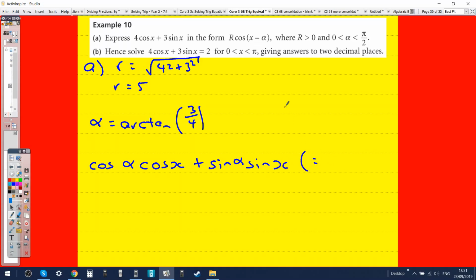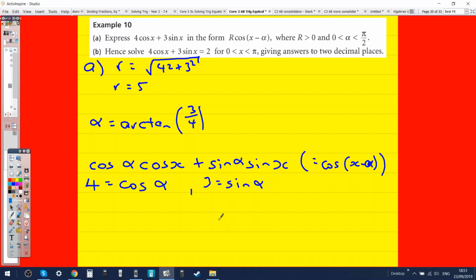Yes, that's the cos x minus a. So what matches with what? The cos x is the cos x and cos alpha is 4. So 4 is cos alpha. Oh yeah, and then that will go on the bottom. Okay. I think I'll do that every time I do it just to check.